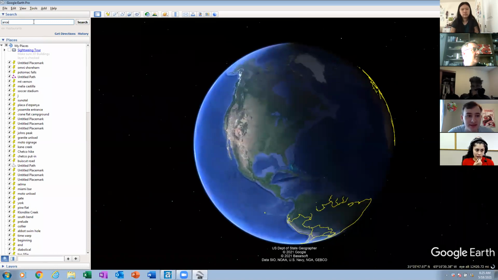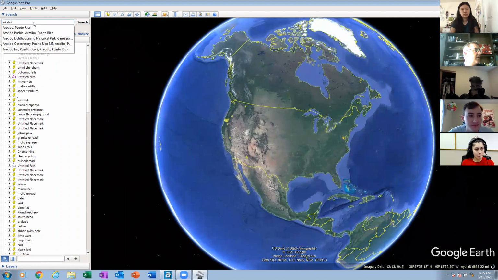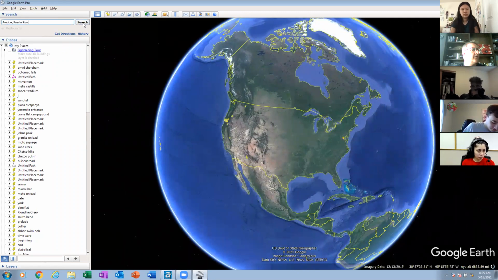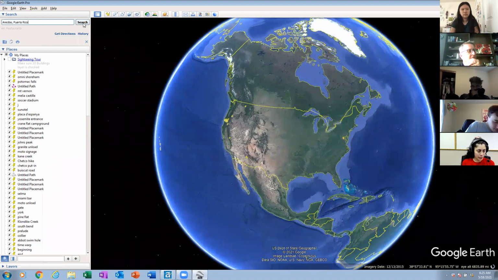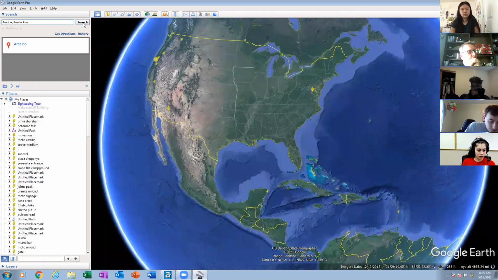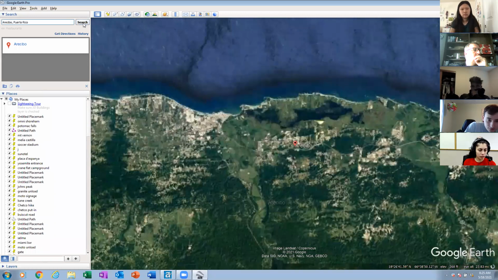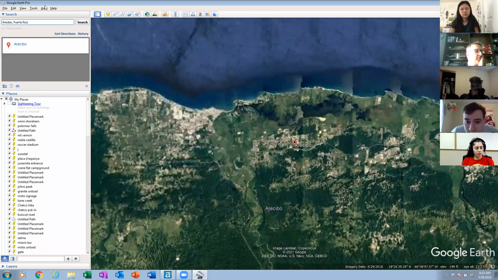So Arecibo. This is like the biggest satellite dish in the world. It's in Puerto Rico. I'm really bad at geography. Okay, so we're in Puerto Rico.